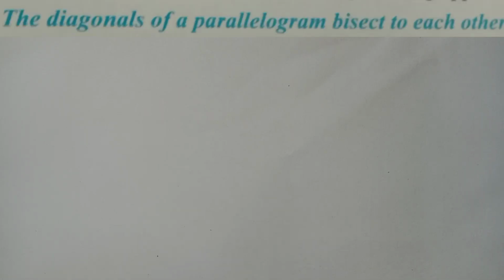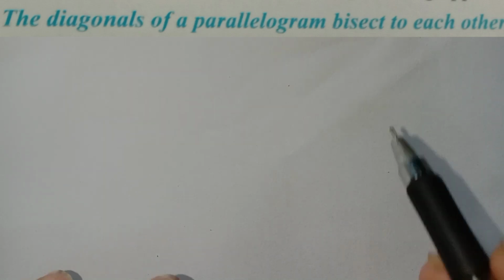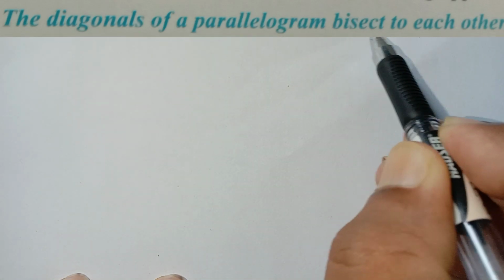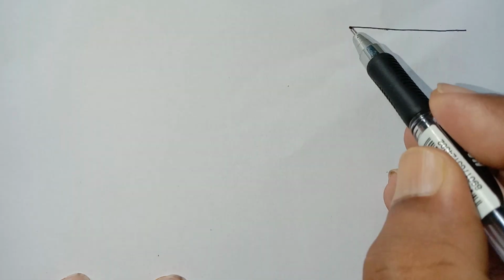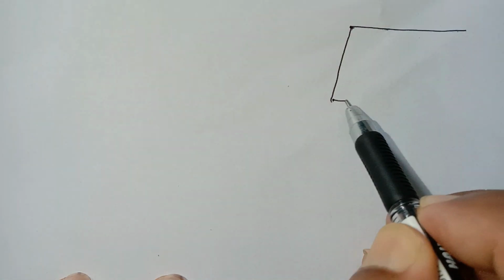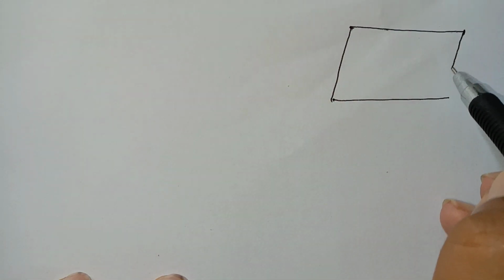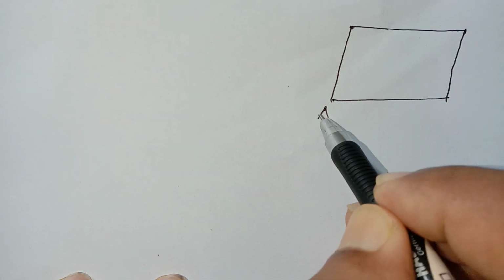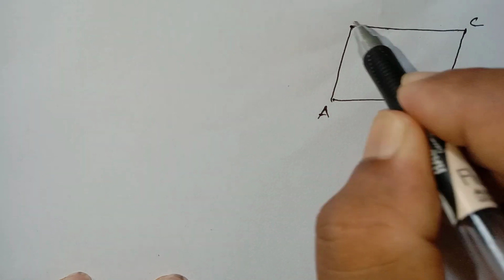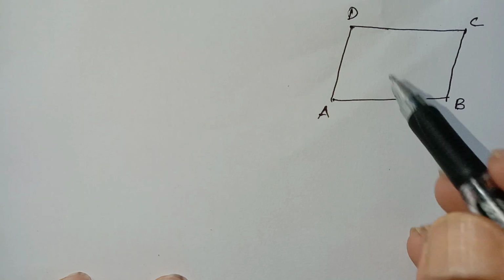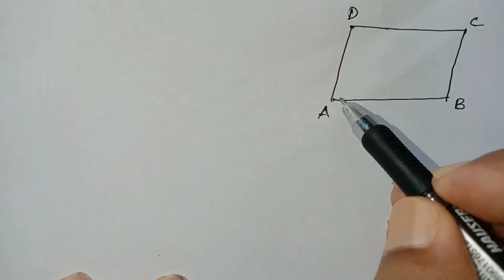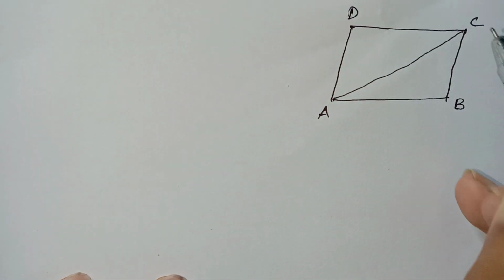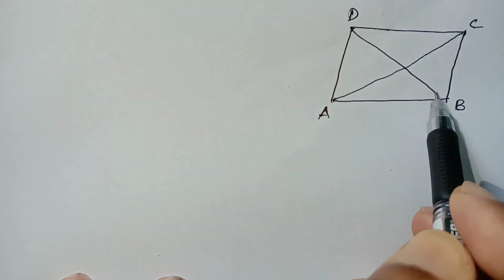Okay, friends, now let's check the second theorem related to quadrilaterals: the diagonals of a parallelogram bisect each other. So we have to prove that the diagonals of a parallelogram bisect each other. Suppose this parallelogram is ABCD, and we have the diagonals AC and BD.